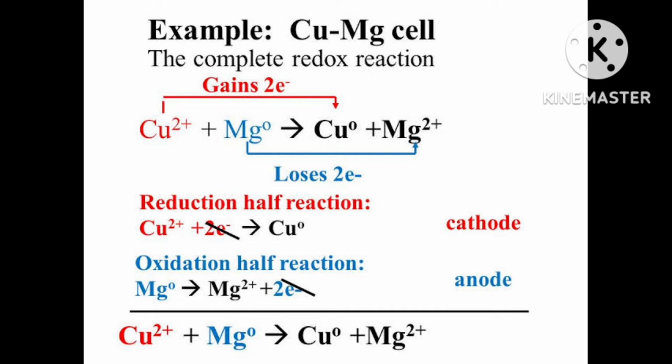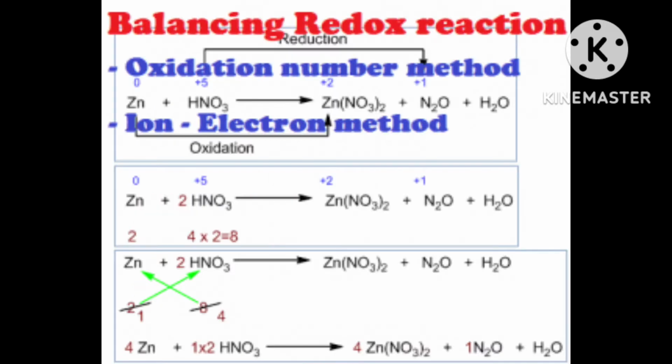Many reactions will be like that. You have to equate, because the electrons from oxidation and reduction both should be cancelled. They should not appear in the final equation.